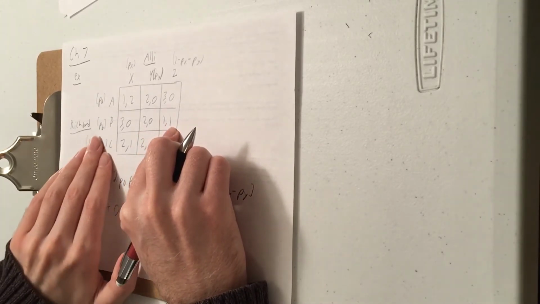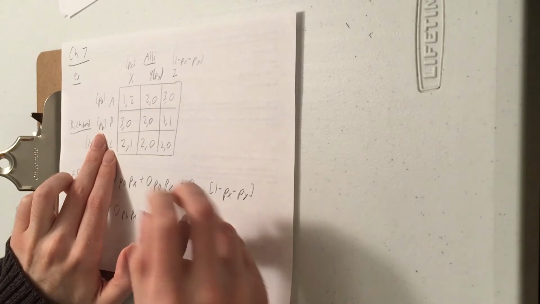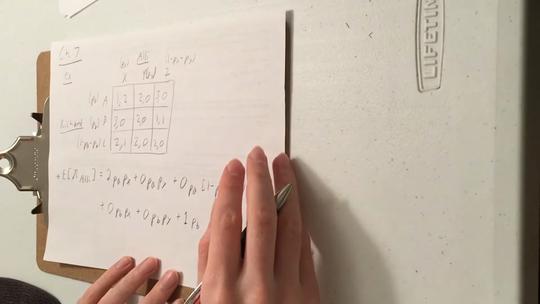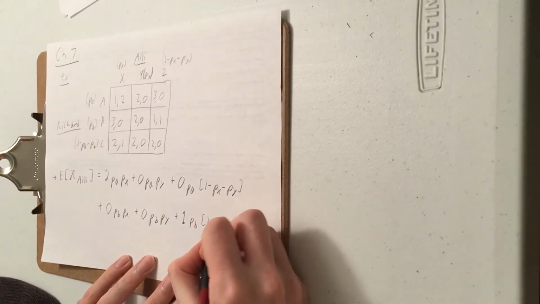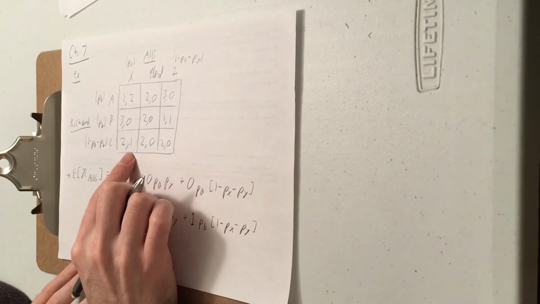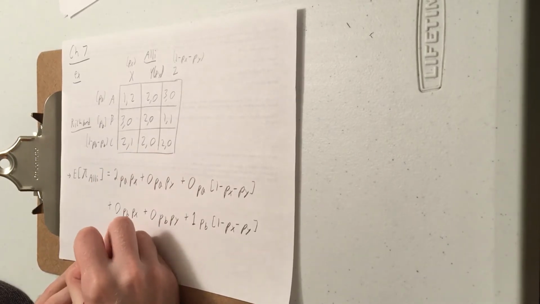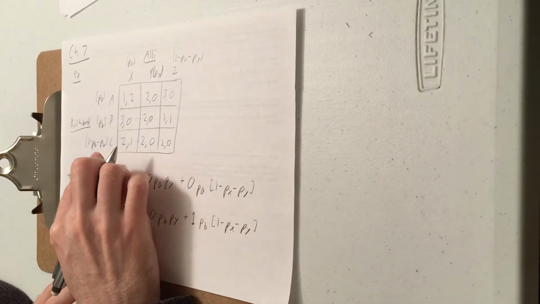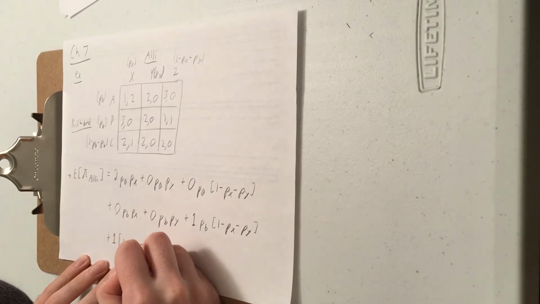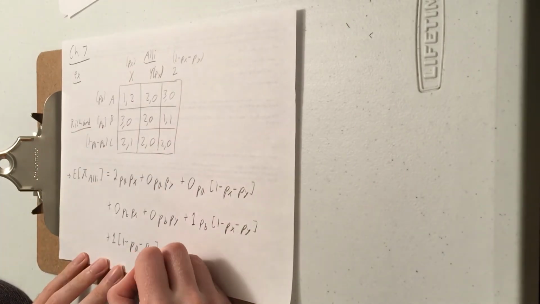The likelihood is that Richard plays B with probability PB, and Allie plays Z with probability 1 minus PX minus PY. Last row, we could be over here. Allie gets 1 in that case. The probability is that Richard has to play C with probability 1 minus PA minus PB. And then Allie has to play X with probability PX.